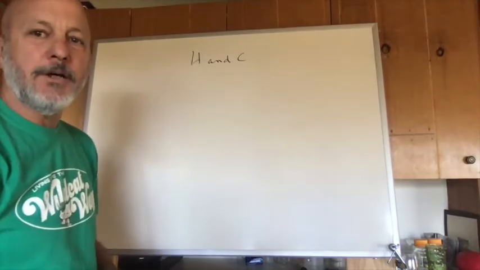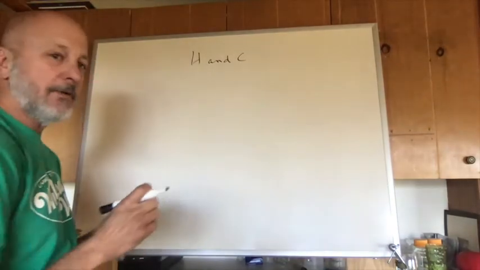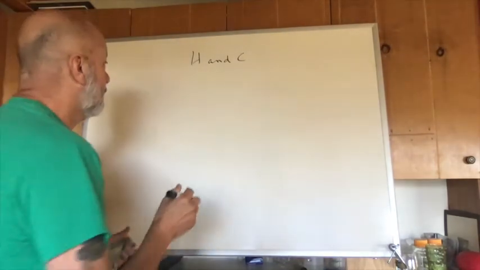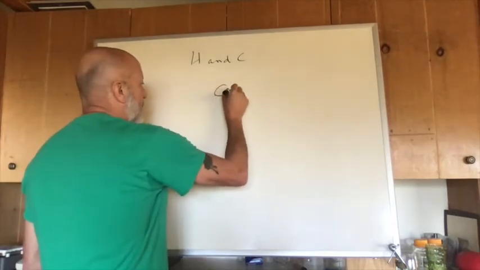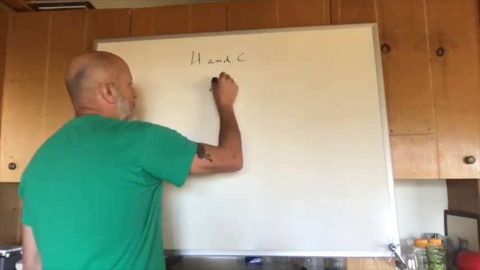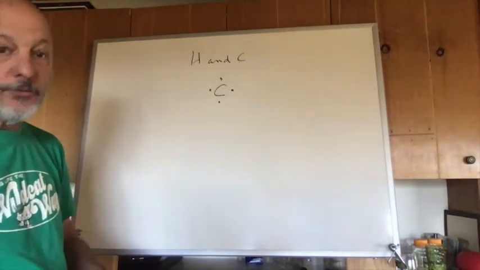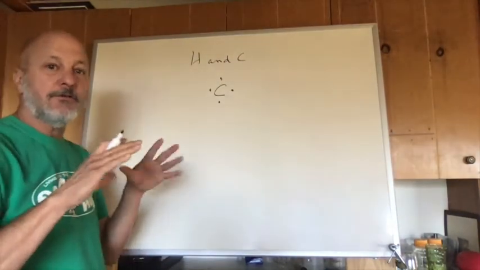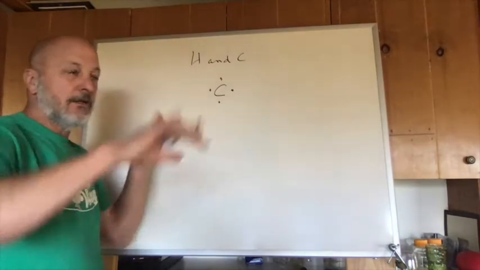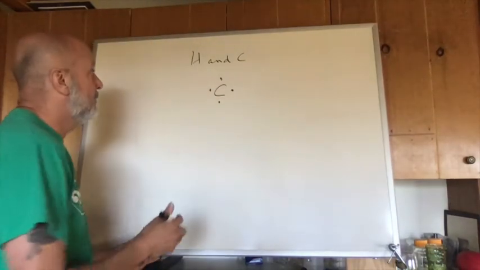How else could they combine? Well, because of this arrangement, carbon can actually form big chains, and those are the organic molecules, the proteins that you learned about in biology. Just a long chain of carbon atoms.